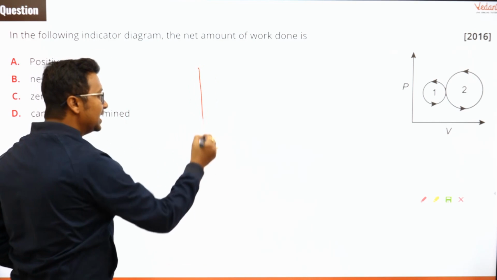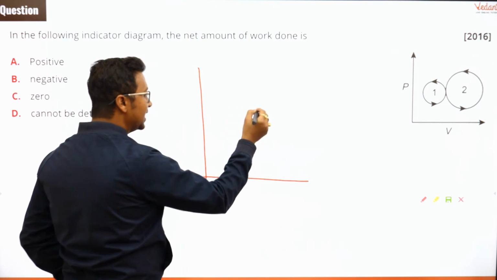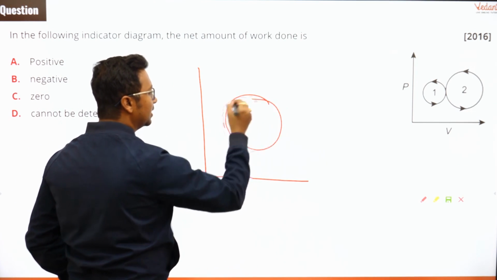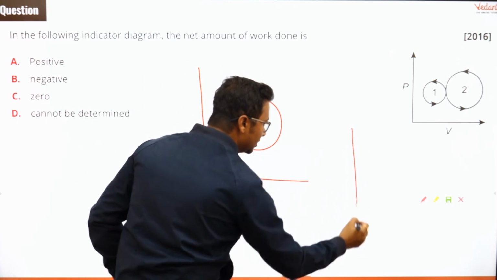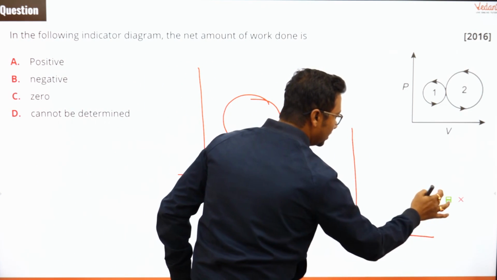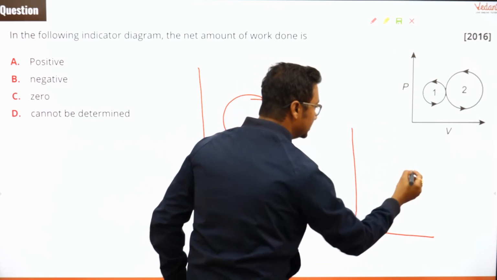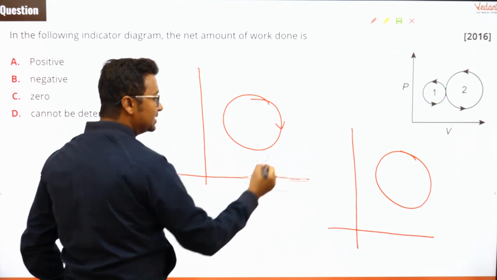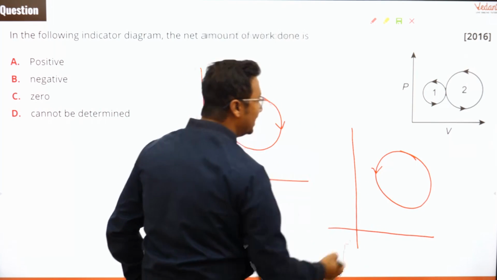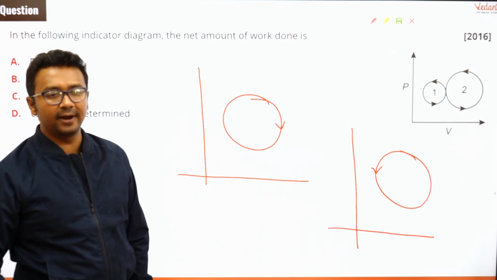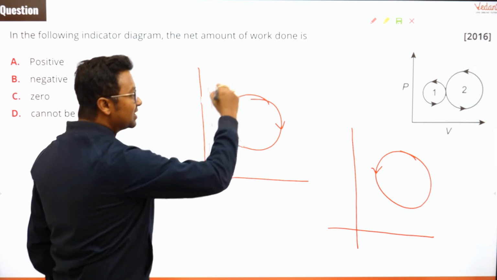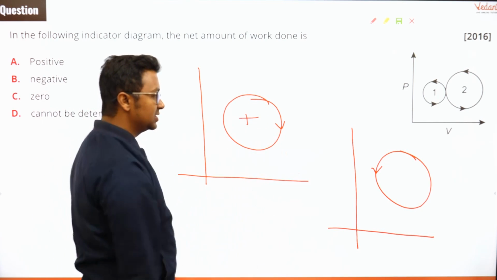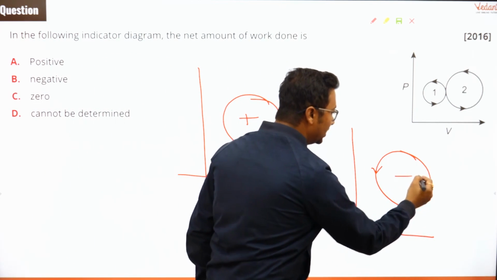In a cyclic process, any cyclic process, if it is a clockwise cycle, work done will always be positive. If it's an anti-clockwise cycle, work done will always be negative.